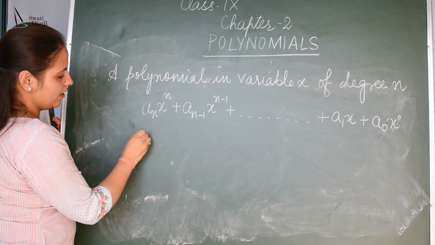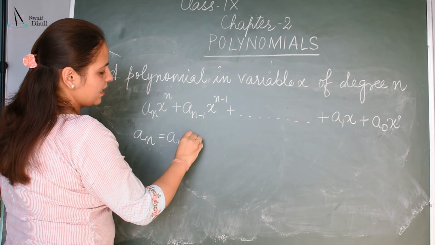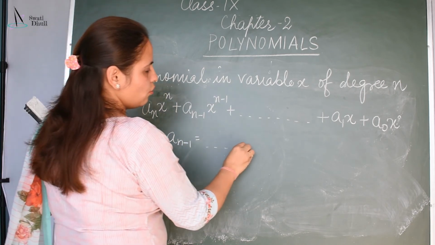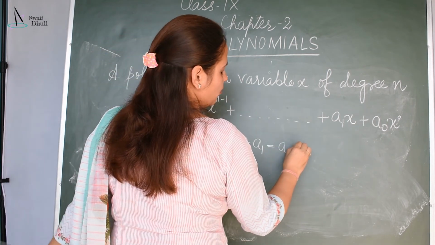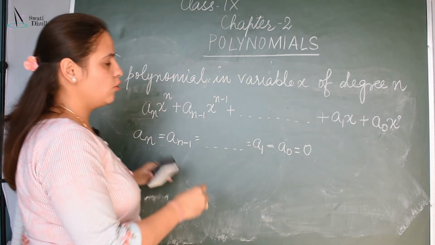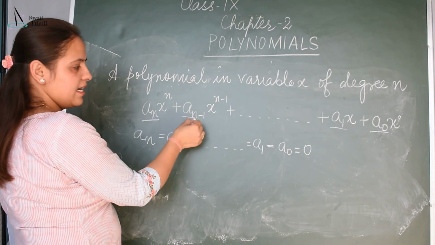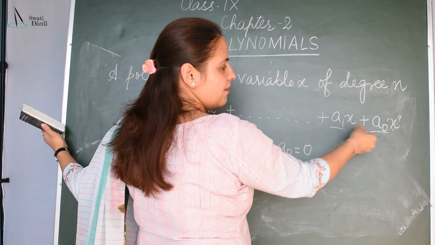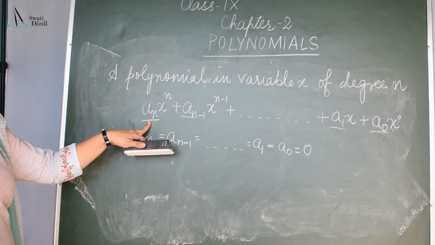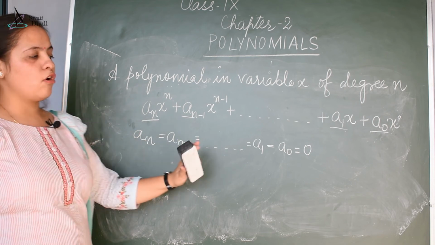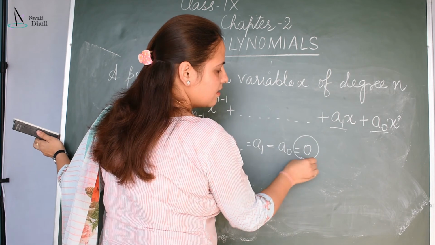In particular, here an, a n minus 1, a n minus 2, till a1, a0 are all constants, and an can never be equal to 0. But if I make all the constants 0, what will you get here? 0.